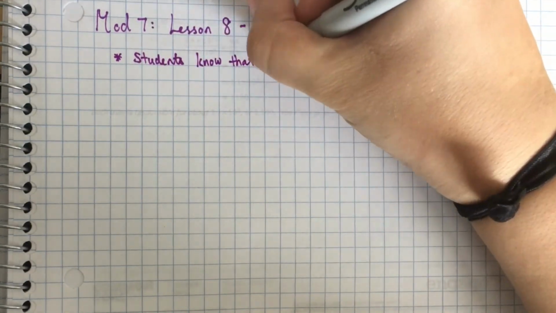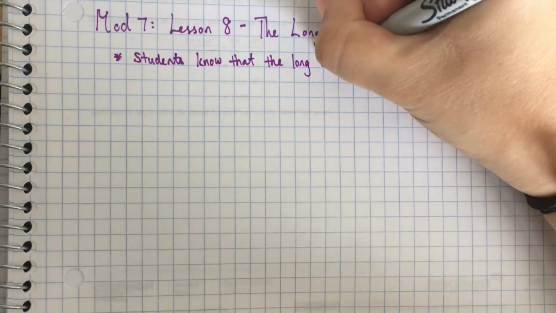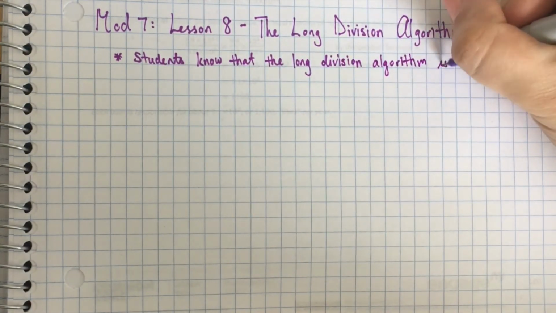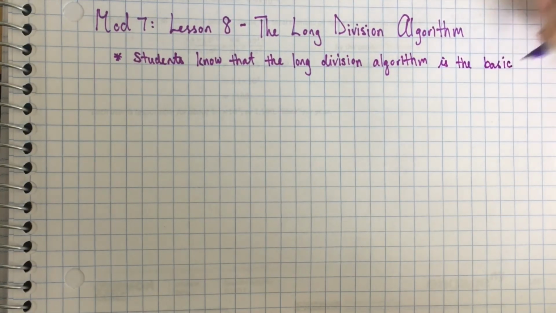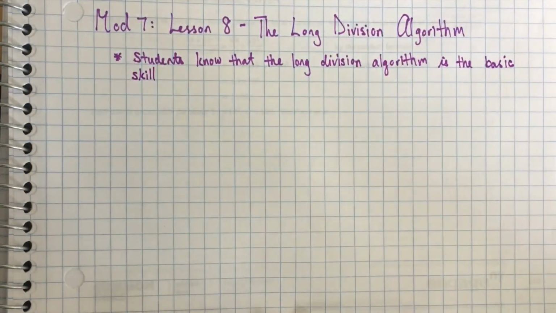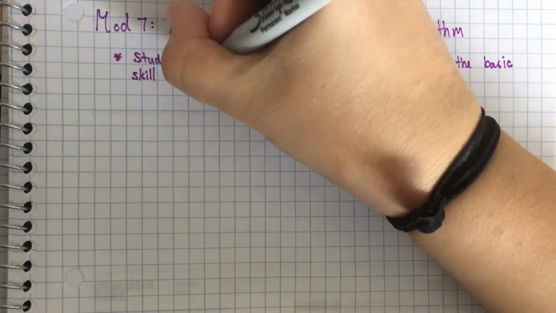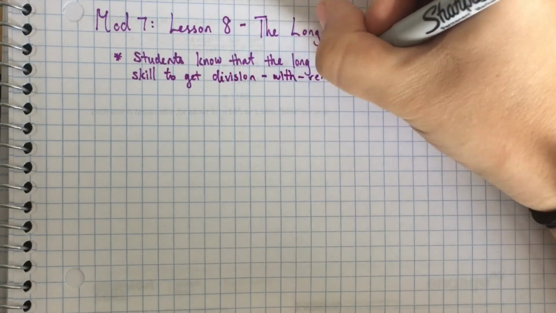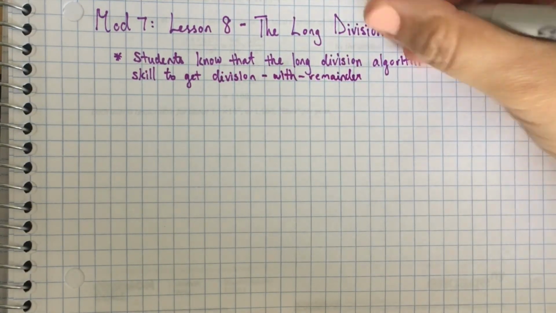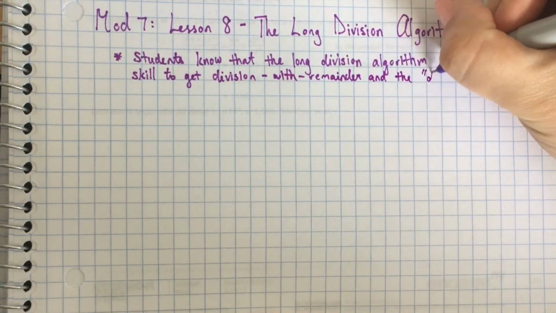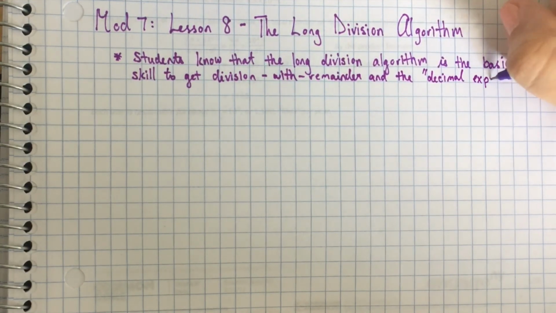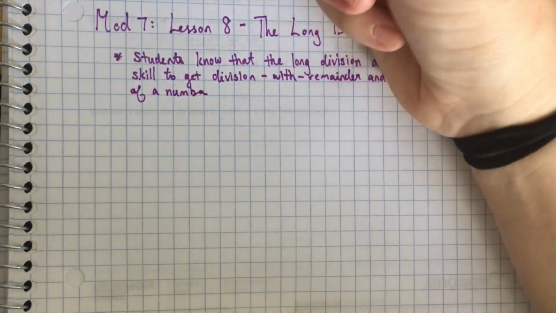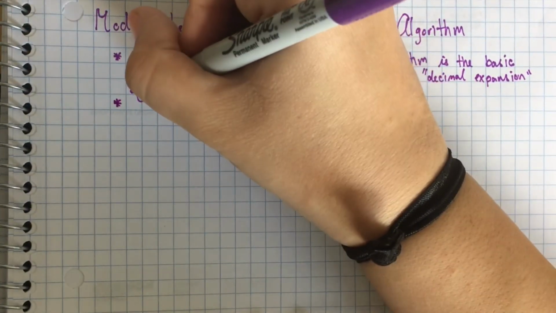The first says students know that the long division algorithm is the basic skill to get division with remainder and the decimal expansion of the number. So this is going to be another way that we could take a fraction and get its decimal expansion, is using long division.